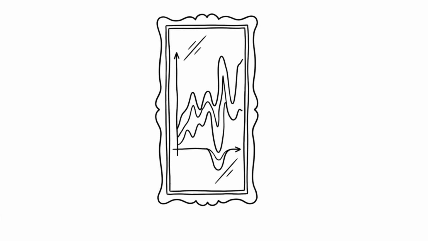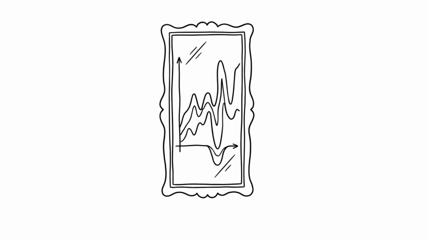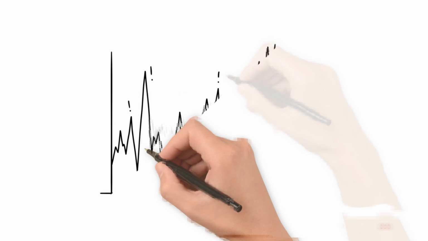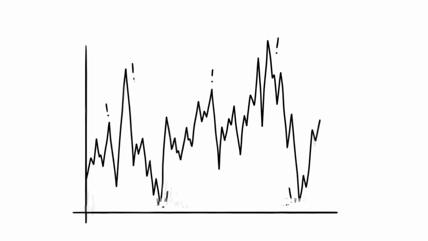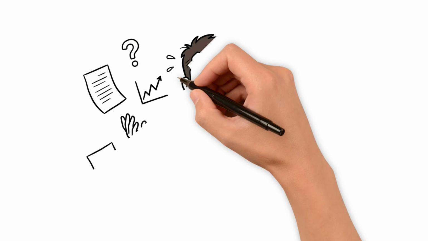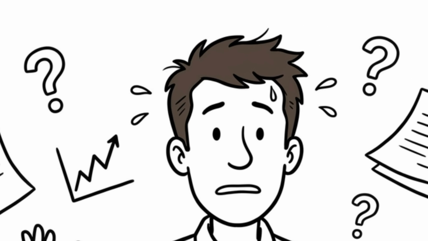In fact, it can give you a picture of your business that's all wobbly, like a funhouse mirror. Your profit can swing wildly based purely on when people decide to pay you, not on the actual work you're doing. And trying to budget or plan with that kind of data is an absolute nightmare.